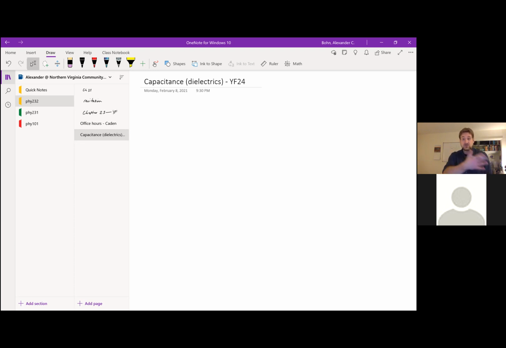Last unit, last chapter, last lecture, we said that the work done to move a charge Q through a potential difference is that.